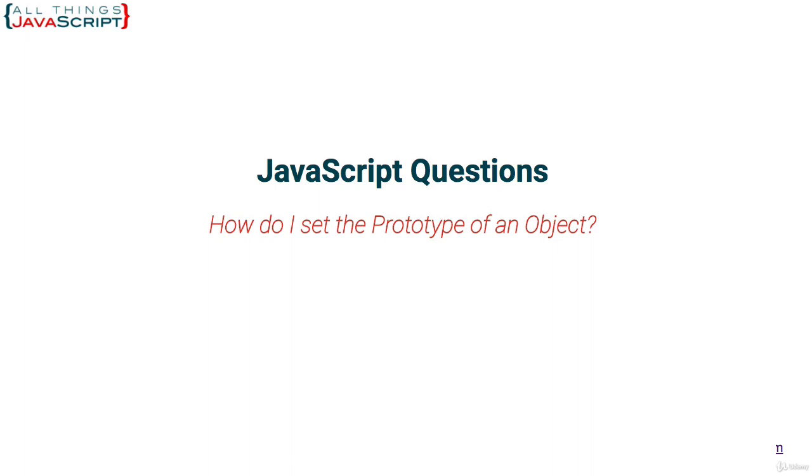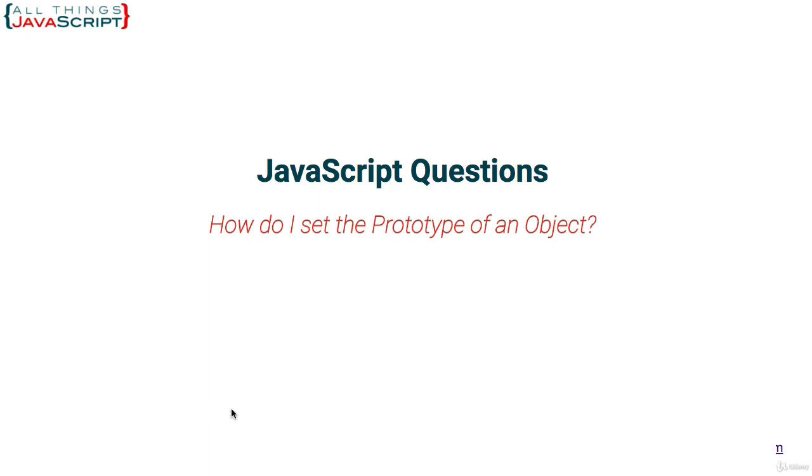Although it is different than classical inheritance, prototypal inheritance is very powerful. A good rule of thumb is to place reusable pieces in the prototype object. In order to make use of the prototype, you need to know how to set the prototype of an object. And in this tutorial, we will look at 3 ways to do that very thing. And we'll use some very simple examples to illustrate that.